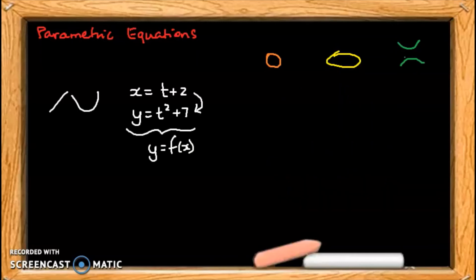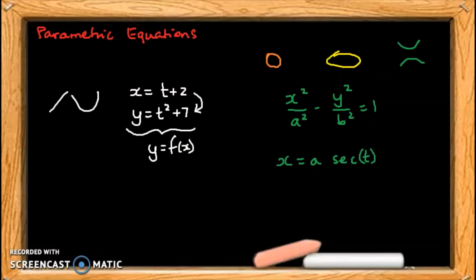Similarly, for a hyperbola, we have both parametric and Cartesian equations. My Cartesian equation for a hyperbola that's centered on the origin might be x squared over a squared minus y squared over b squared equals 1. The appropriate parametric equation is x equals a sec t.